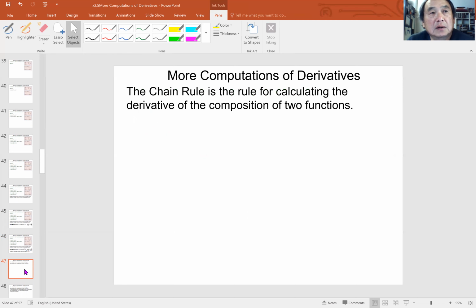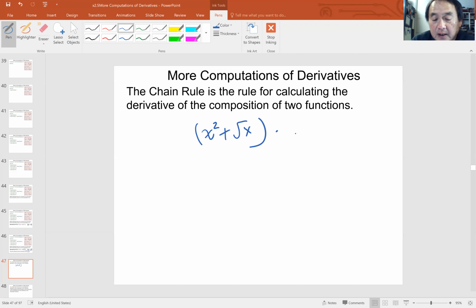So we know how to take the derivative of formulas as long as they're made up from basic formulas, like polynomials times sine, or trig formulas divided by cosine.